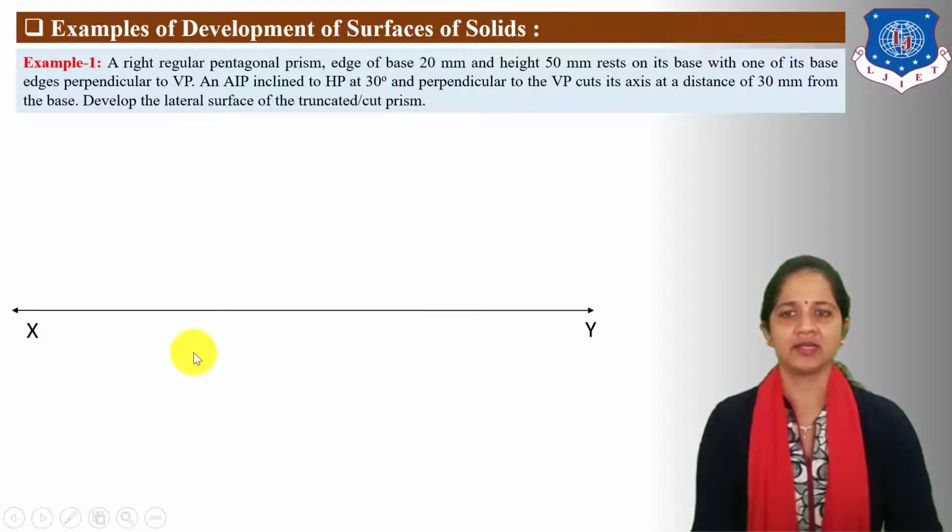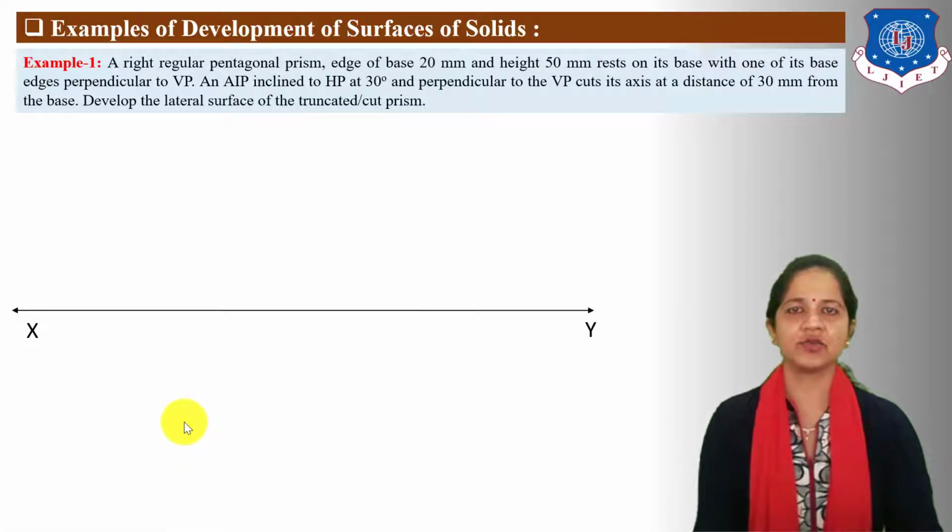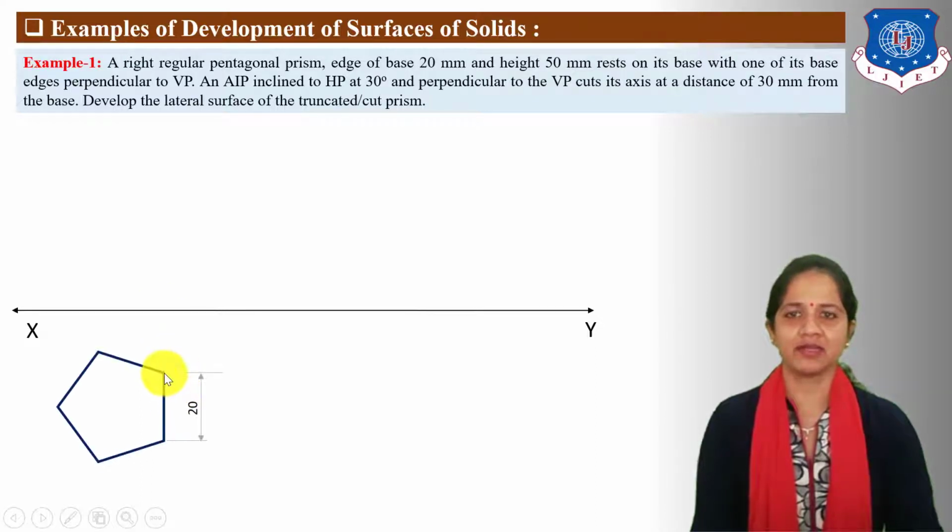So here draw a pentagon below the XY line in top view, because from the top direction we cannot see height, so the shape of the base is visible from the top direction. Keep one edge of the base perpendicular to VP or XY.